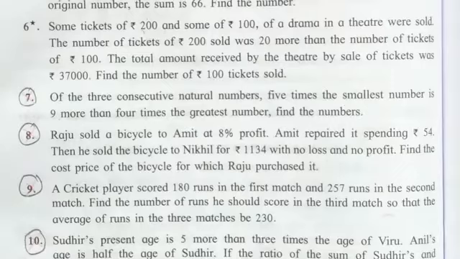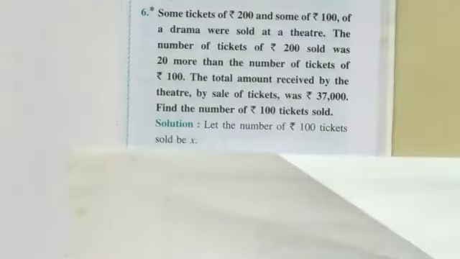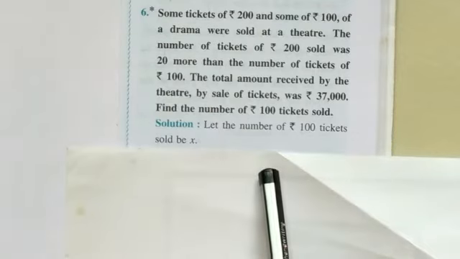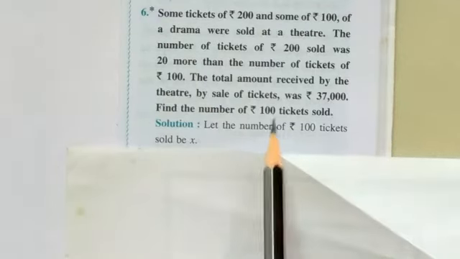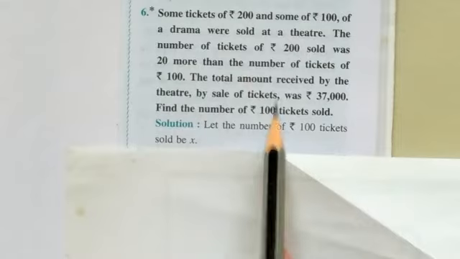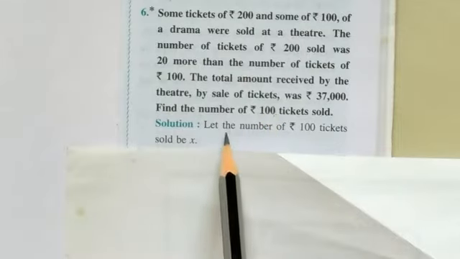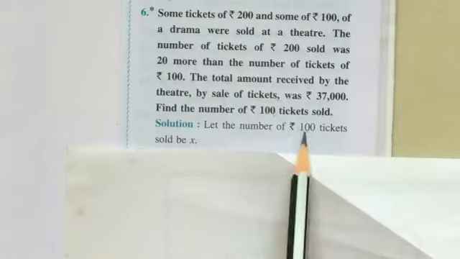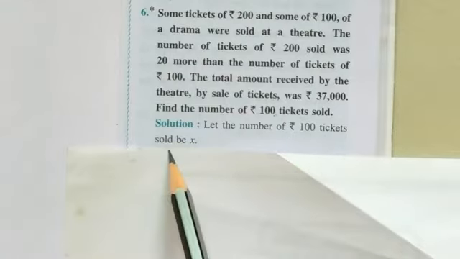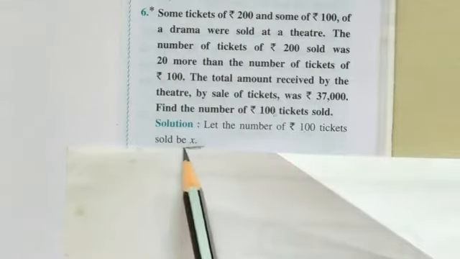Let's see the answer. Now students, in the solution, at first we have to find the number of tickets of 100 which were sold in the theatre. So that we have to assume at first. So let the number of 100 rupee tickets sold be x.